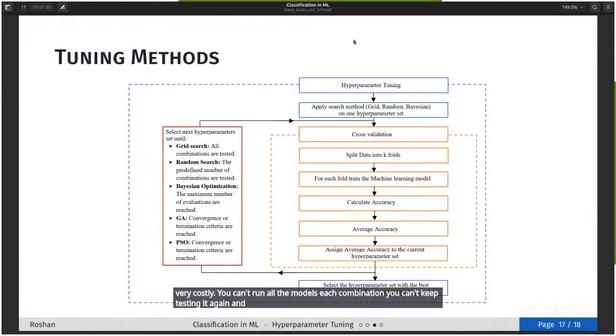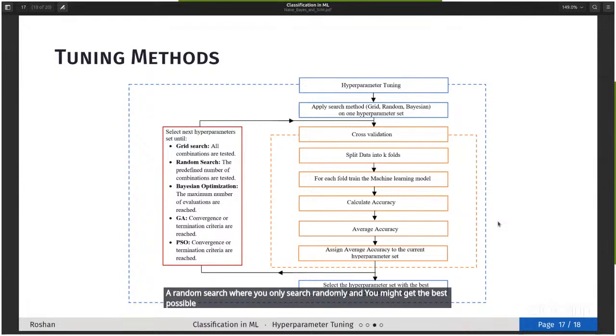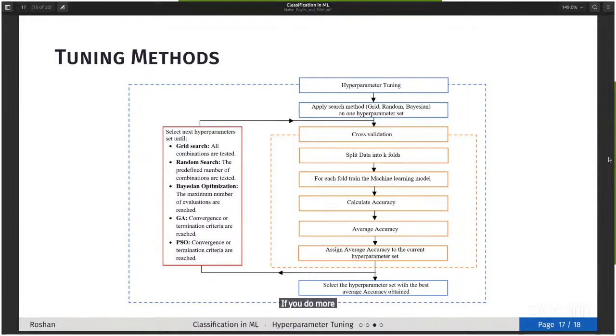So you can use something called Bayesian optimization or random search, where you only search randomly and you might get the best possible combination or you might not. Bayesian optimization is also the case. There's always a trade-off between the runtime and the best possible hyperparameter combination that you can get. Okay, if you do more runs, there is a better chance of you getting the optimal values.